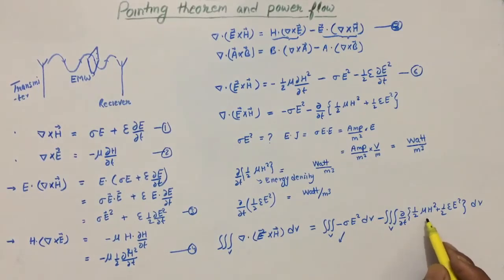And this can be written as, for the full term, the rate of decrease of energy in the form of electric and magnetic field. So we can name it like this, as we find both are rates of decrease. So from here we can say that the wave power decreases as it propagates in the medium.